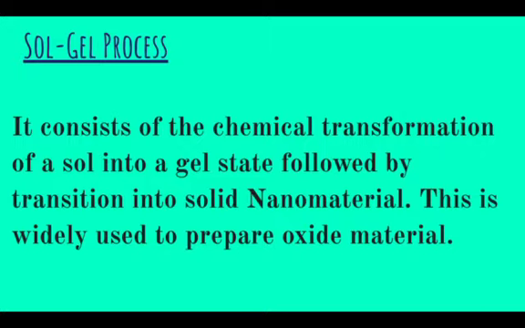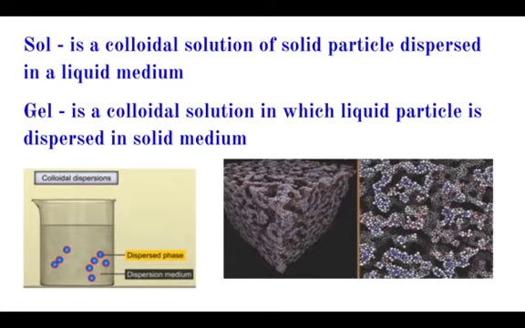In sol-gel process, chemical transformation of sol into gel state followed by transition into solid nanomaterial is taking place. It is widely used for the preparation of oxide material. Before we go to sol-gel process, first we should know what is sol and what is gel. Sol and gel both are colloidal solutions.